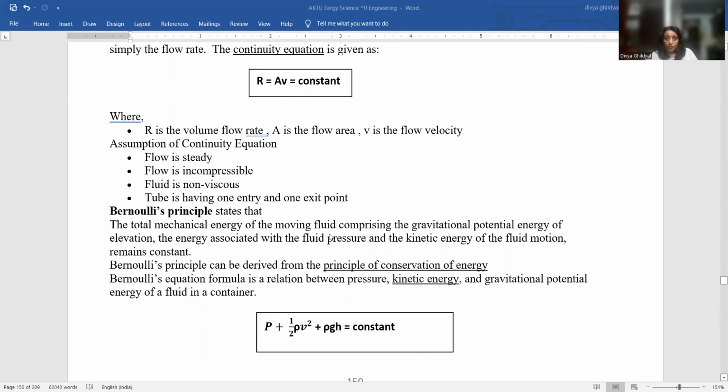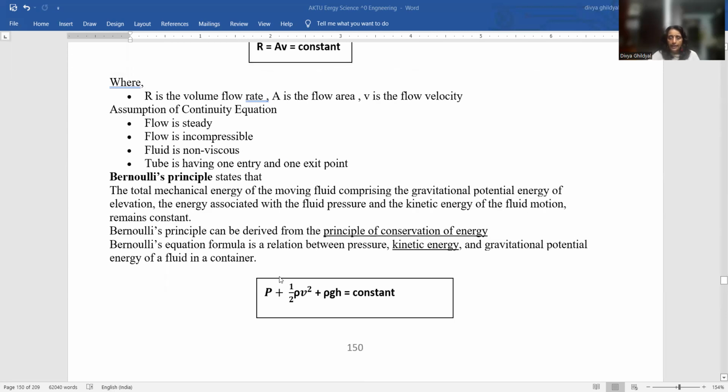And section A question again, what is the principle of conservation of energy in fluid dynamics. So Bernoulli's principle states that the total mechanical energy of the moving fluid is a constant, and it represents the principle of conservation of energy in fluid dynamics, given by pressure plus half rho v square plus rho gh is equal to a constant.